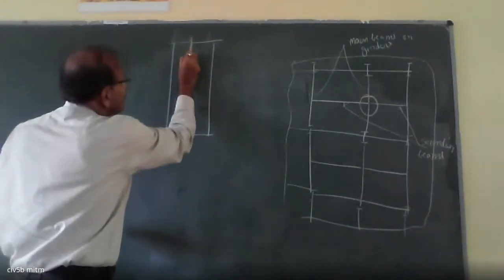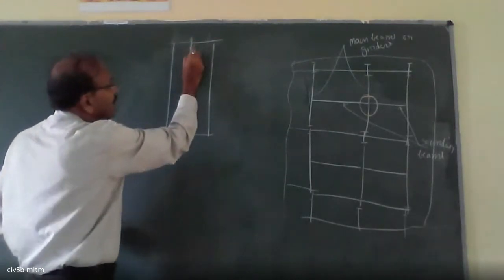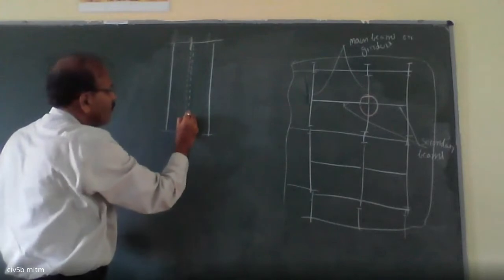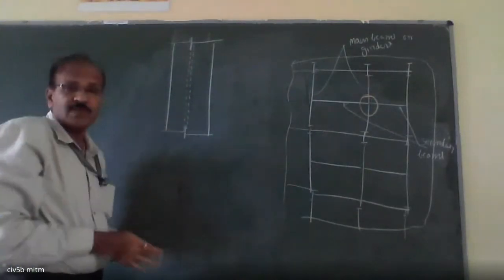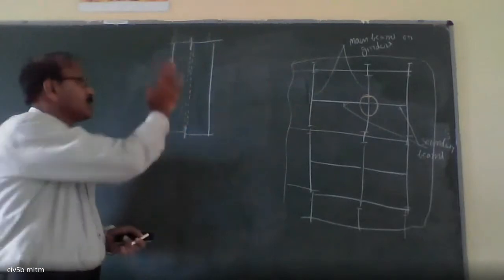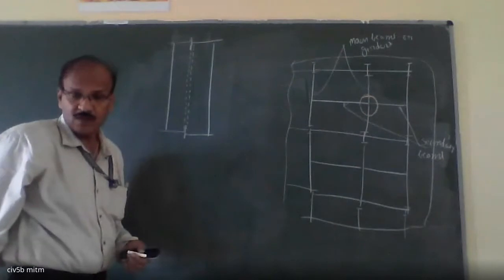Then this is the web. When you look from the top, this web is not visible because we have a flange over the I section.